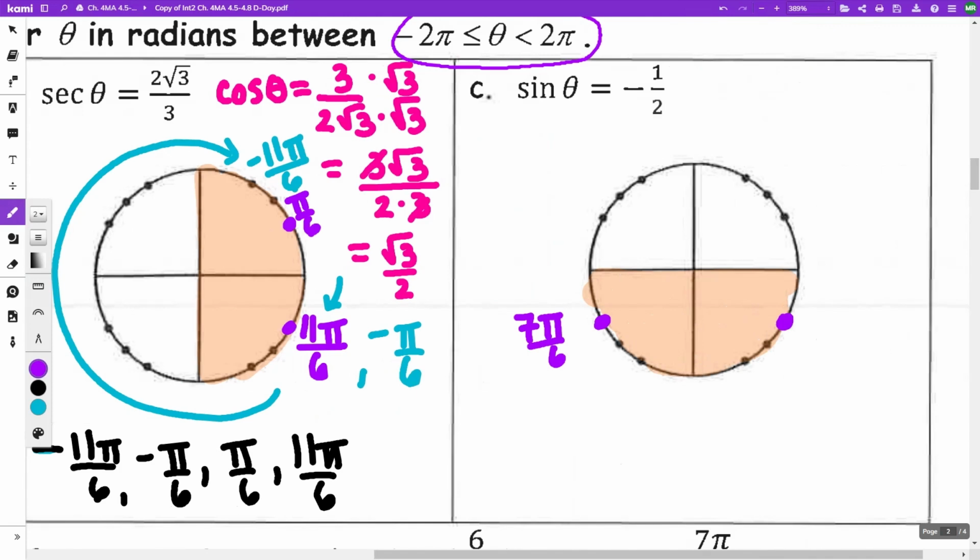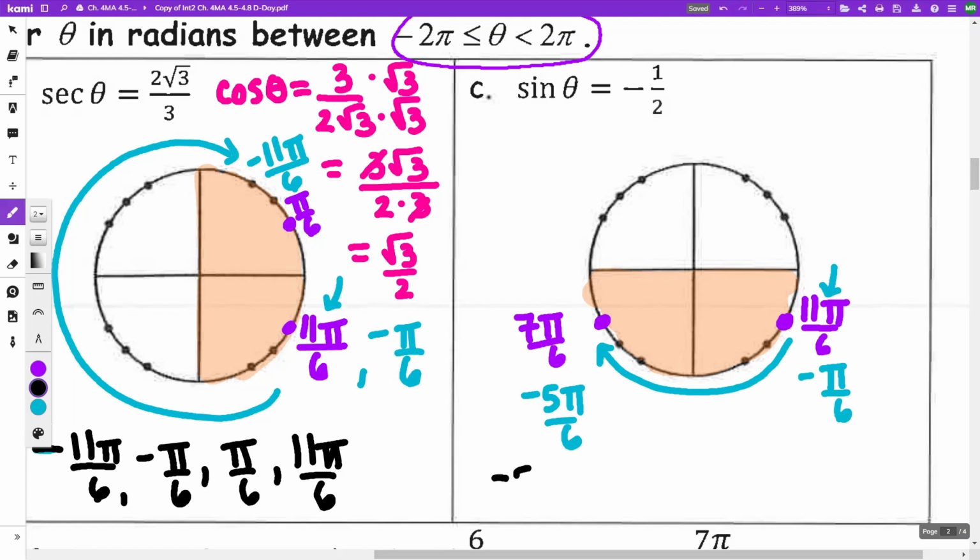This is going to be 11 pi over 6. That's going from 0 to 2 pi. Going backwards, this direction, this is going to end up being a negative pi over 6. Continuing over to here, this is going to end up being a negative 5 pi over 6. So my four answers are going to be a negative 5 pi over 6, a negative pi over 6, a 7 pi over 6, and an 11 pi over 6.